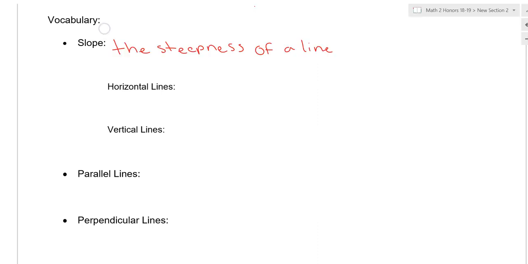And how we most often write it is slope equals rise over run, or y2 minus y1 divided by x2 minus x1. We also say that as like the change in y over the change in x.